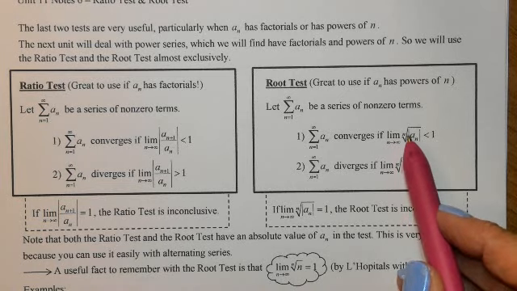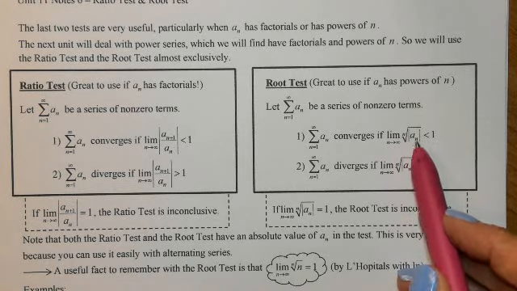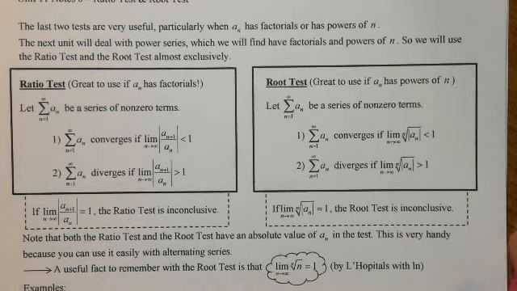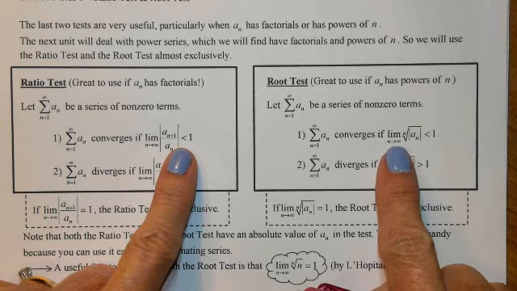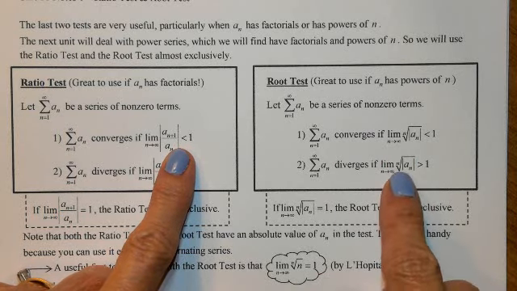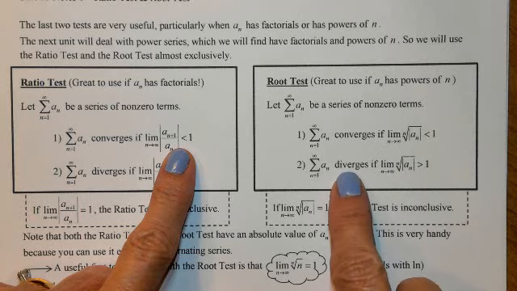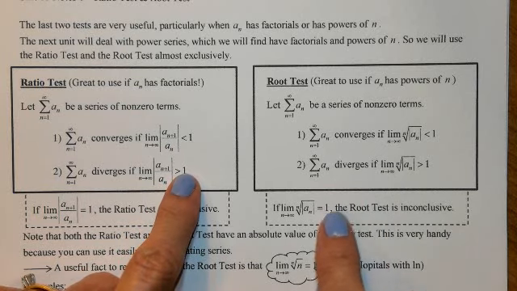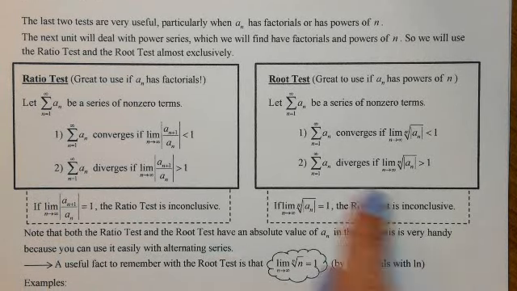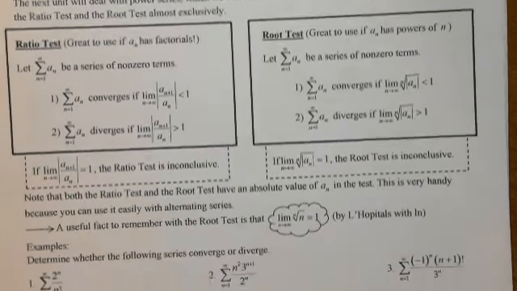You're taking the nth root of the absolute value of your expression in your series. Okay? Same thing. If the limit is less than 1, the series converges. If the limit is greater than 1, then the series diverges. If the limit is equal to 1, we're inconclusive. Go use one of your other 8 tests. Do not use the ratio test. Okay.